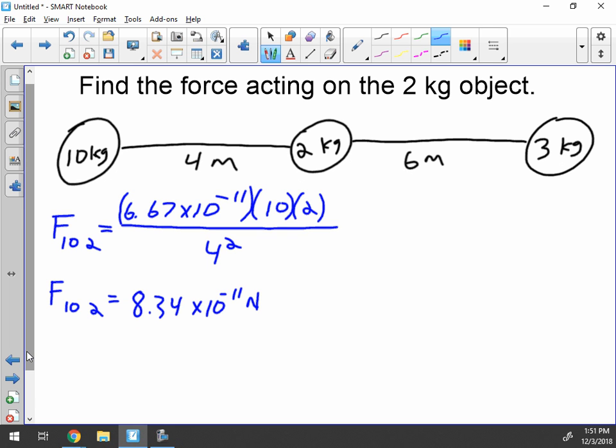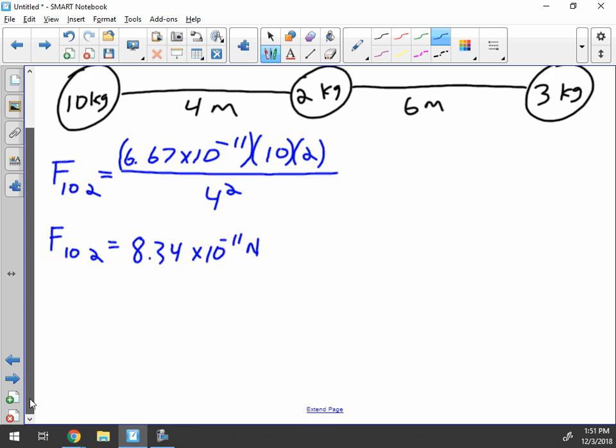All right, so I'm going to do the same thing, but this time I'm going to look at the right side, and I'm going to look at the forces between objects 2 and 3. So I'll label that as 2 and a 3. This is the force on the right side. G, always the same. I have two masses.